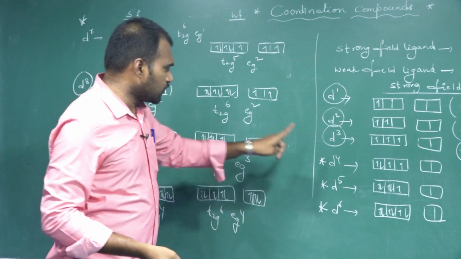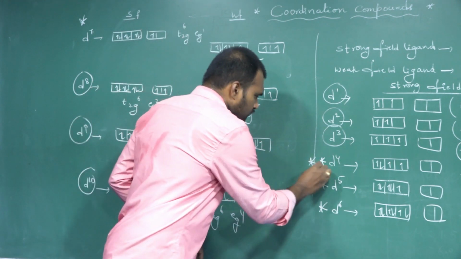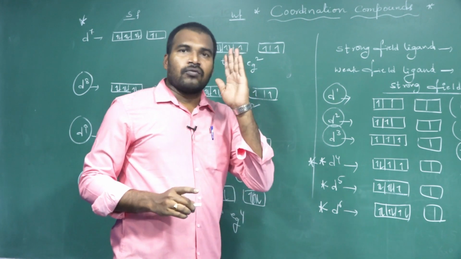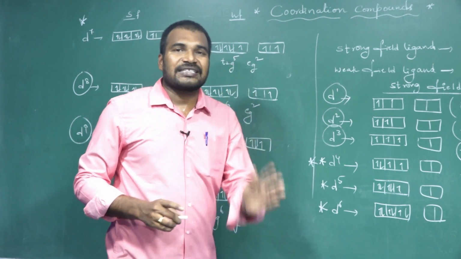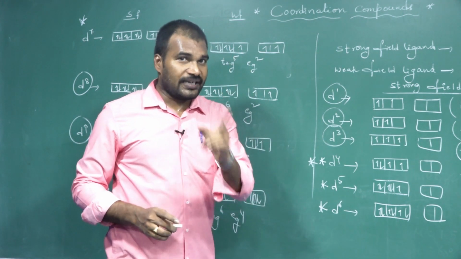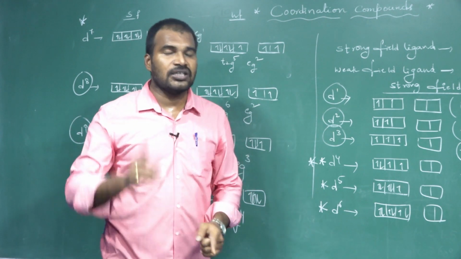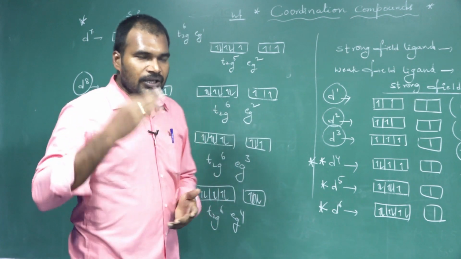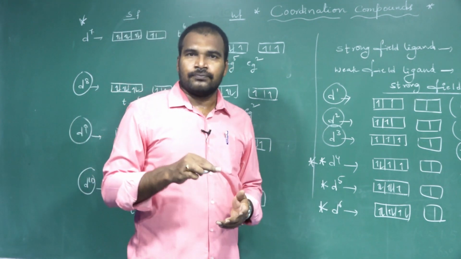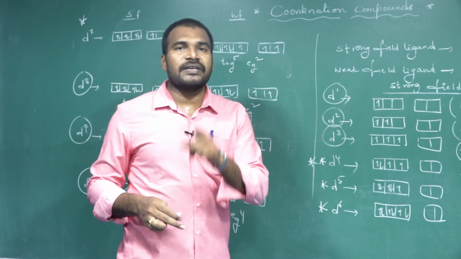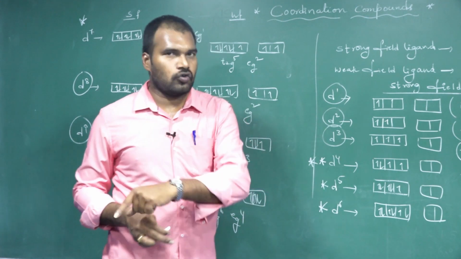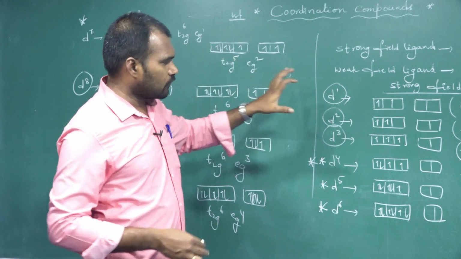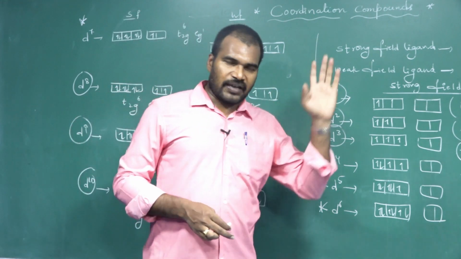Especially the d4 configuration is very important. If del value is lesser than pairing energy, the configuration will be t2g3, eg1. If del value is greater, then the configuration will be t2g4, eg0.